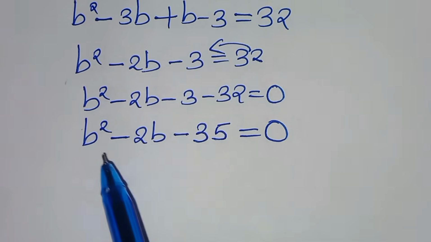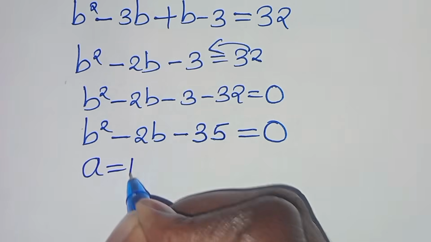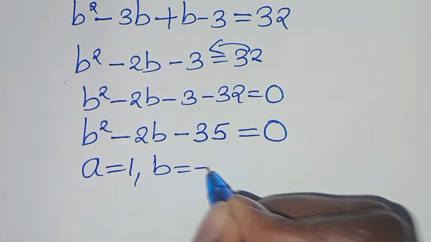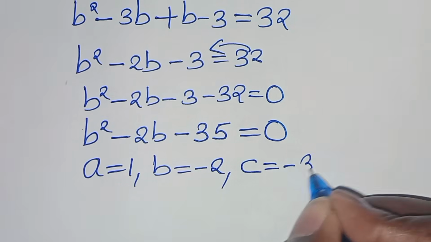Now, this is a quadratic equation whereby A is equal to 1, B is equal to minus 2, and C is equal to negative 35.